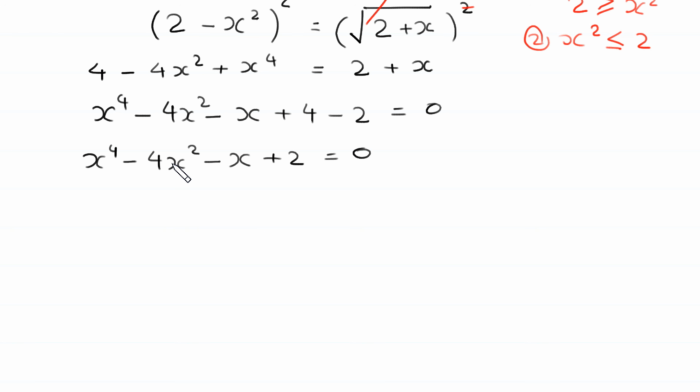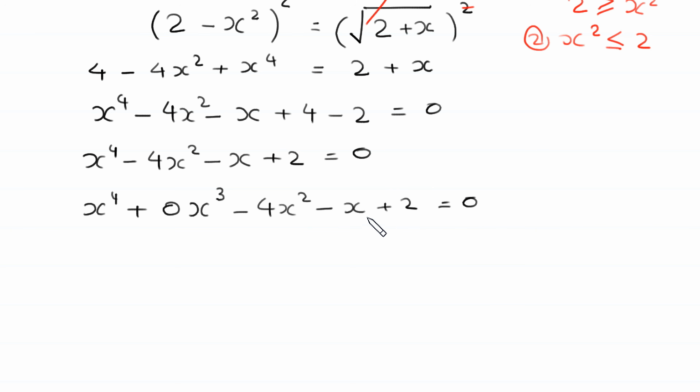Now this is a quartic equation. We use synthetic division to find at least one or two roots. Because there is no term with the third power of x, we rewrite this equation as x to the power 4 plus 0 times x to the power 3 minus 4x squared minus x plus 2 is equal to 0.